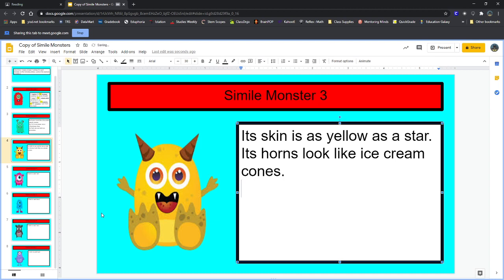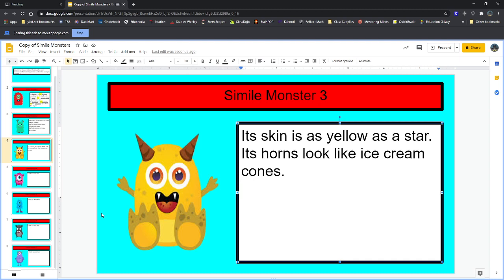What's another simile I could make for this monster? We already talked about the skin, talked about the horns. What's something else? We could talk about the arms, the tongue, the teeth, the eyes. Noah? Its eyes are as orange as the sunset.